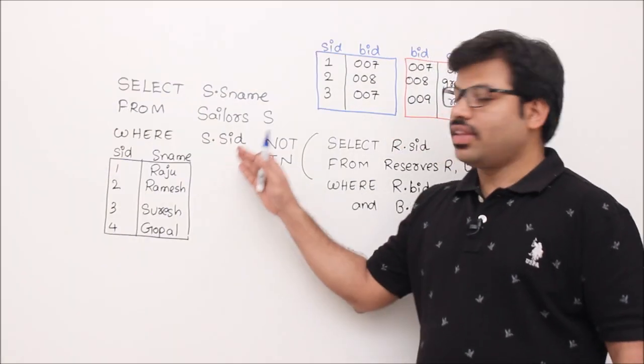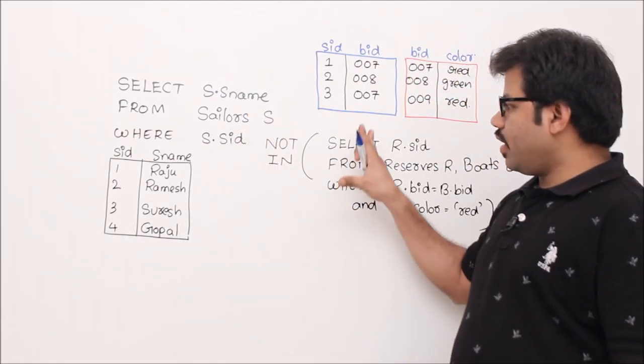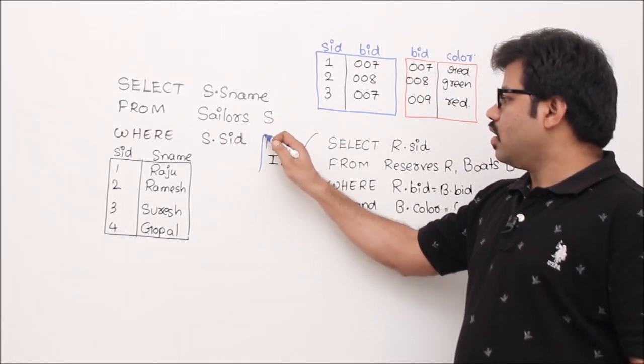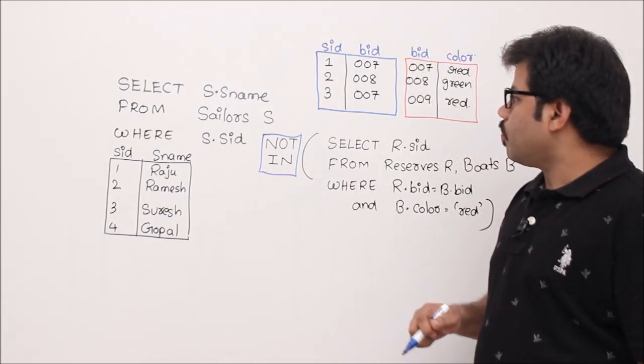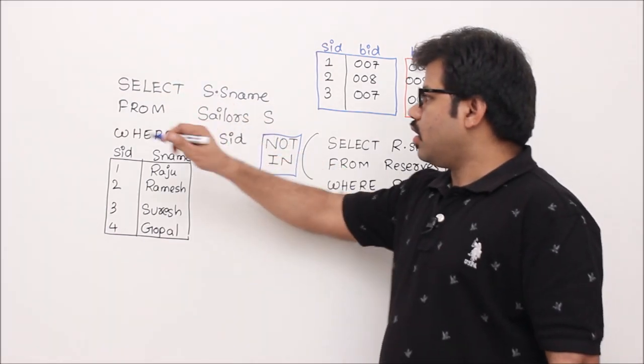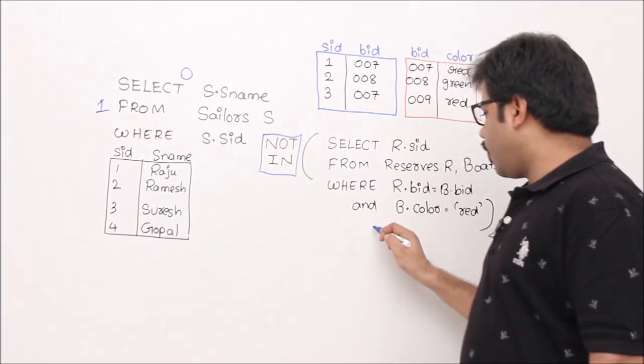We'll see one example with the not in operator to understand it clearly. Again, it's a nested query, right? We use not in and in operators only with nested queries. Here, this is the outer query and this is the inner query.